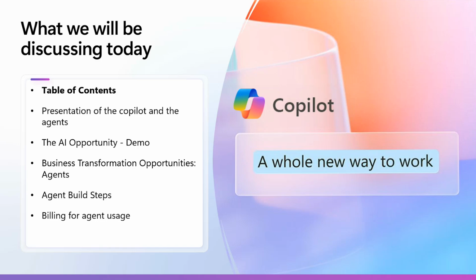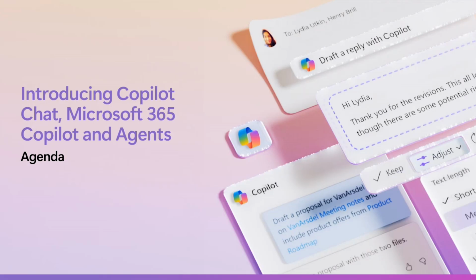Then we will talk about business transformation opportunities, and once more we will focus on agents, how to build them and what the different steps are, and finally we will finish with how to build for agent usage.